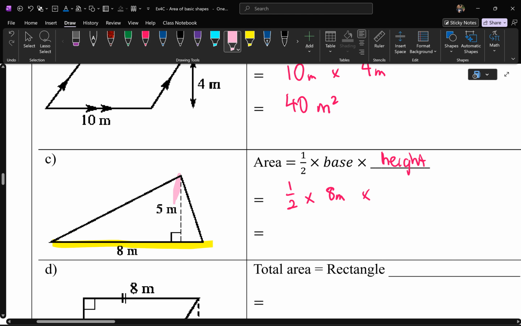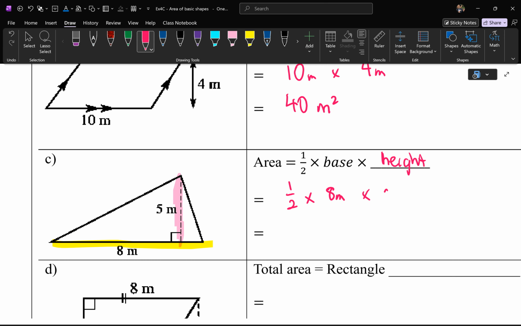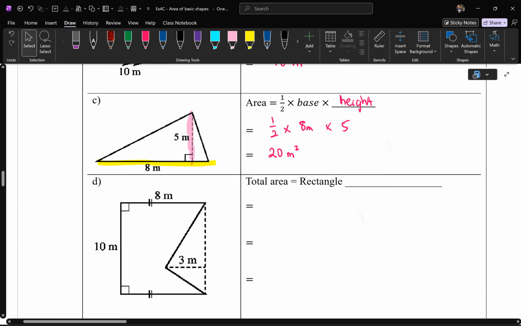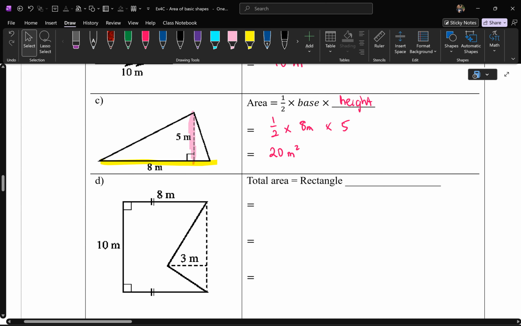Times the height, which is 5. So half of 8 is 4, and 4 times 5, which is 20, and we write our answers as 20 squared meters. Very good. Don't say meter squared. That's what most people would say. Sounds funny if you're at an auction.